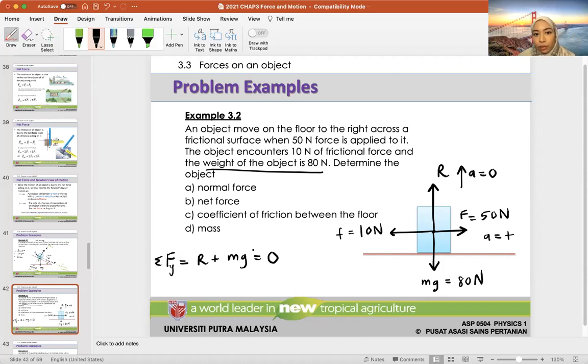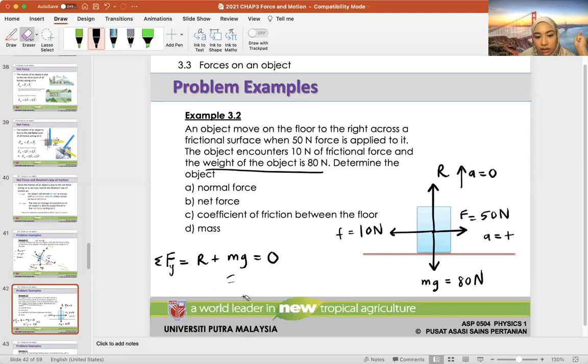If my net Fy equals to ma, then my box would be flying. But in this case, my box is not flying. Therefore, this guy becomes a 0 and R plus mg is equal to 0.